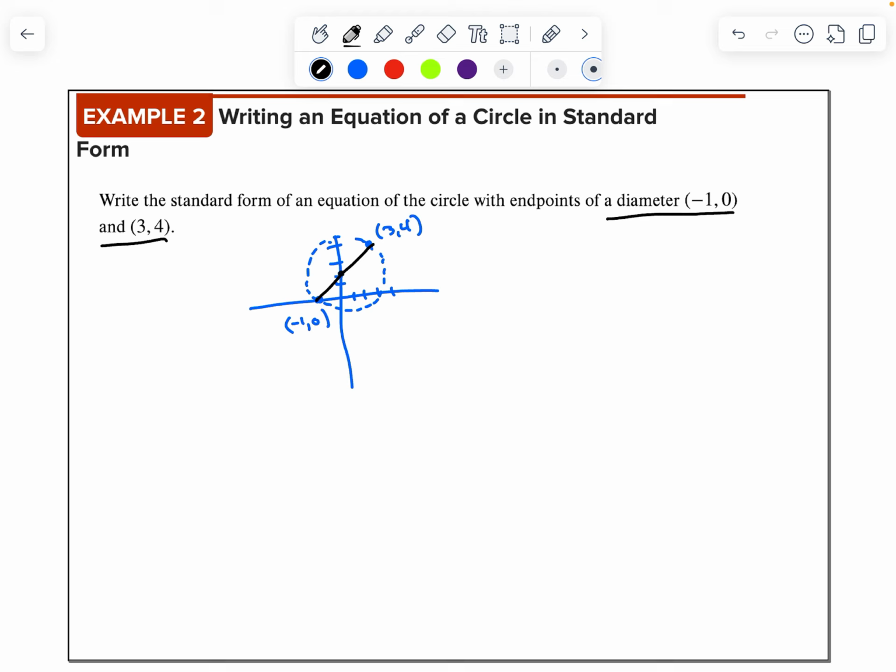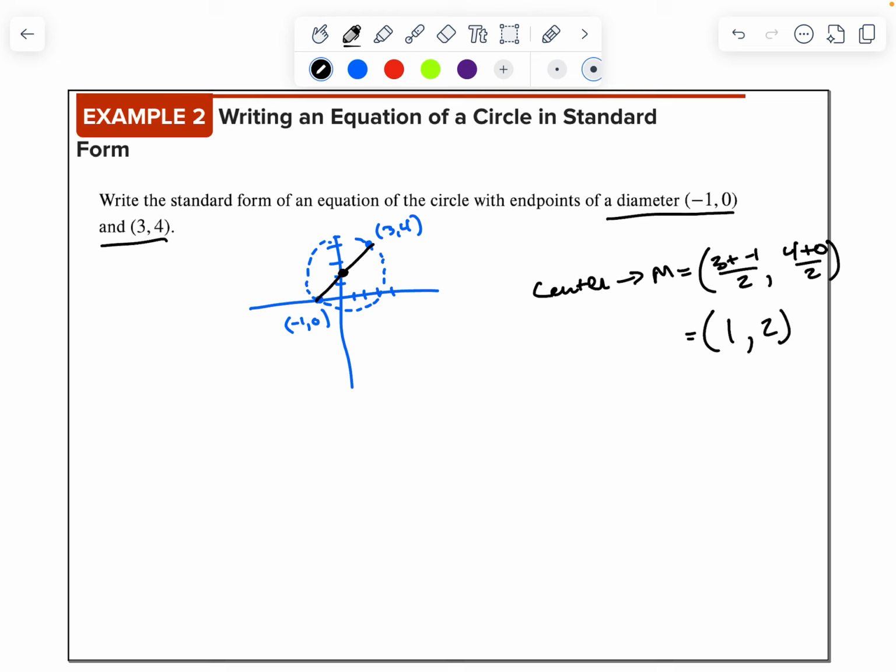To find the center of that, we need to find the midpoint. So the center, we need to find the midpoint, which would be x1 plus x2 over 2, y1 plus y2 over 2. So that's 3 plus negative 1 over 2, 4 plus 0 over 2. So that would be the same as 2 over 2, which is 1, 4 over 2, which is 2.